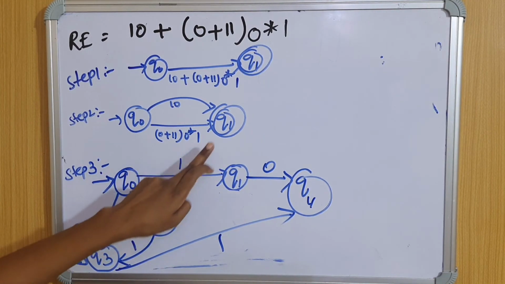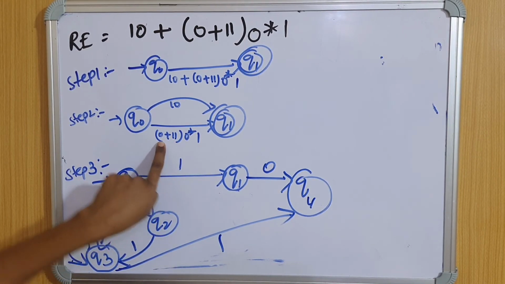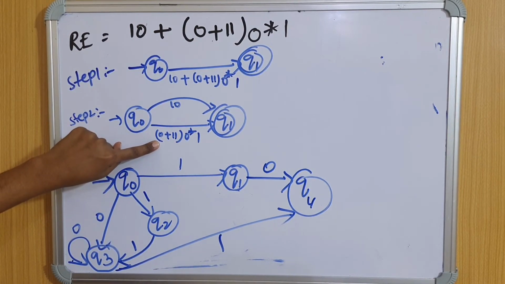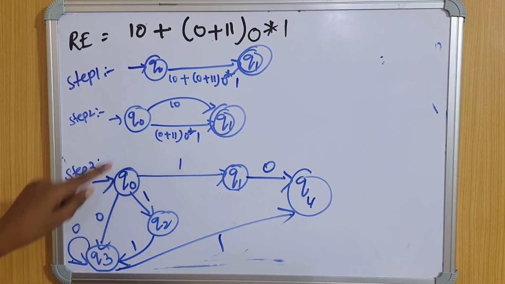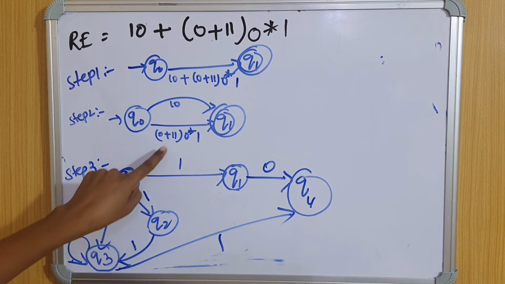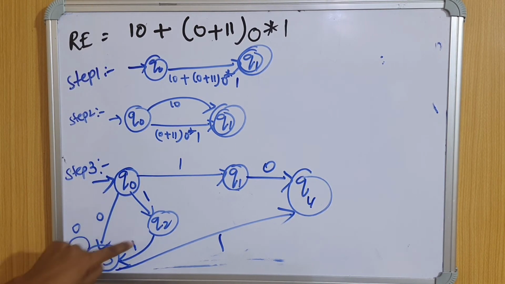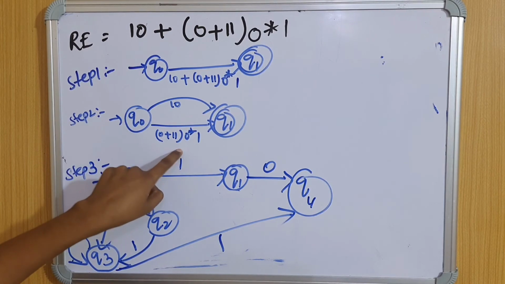Till here it's clear. Q0 to the final state is going. Next, our expression is 0 1 1 0* 1. First 0 will come here. Next, 0 plus 11 means the direction is the same, but it is 1 1. The final state is the same for these two.